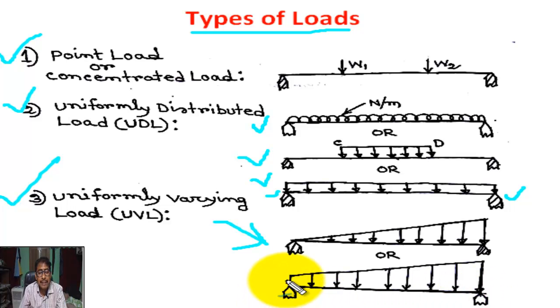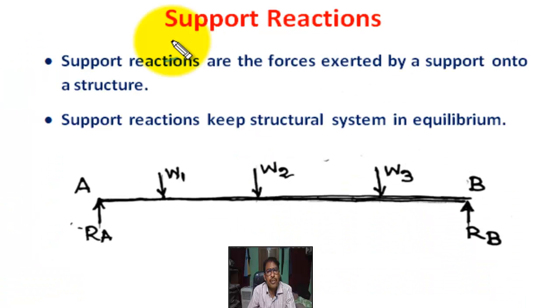In uniformly varying load, UVL, the intensity of load varies along the length of the beam, from 0 to a particular value, or from some lower value to some upper value.